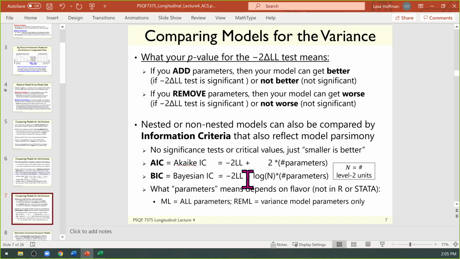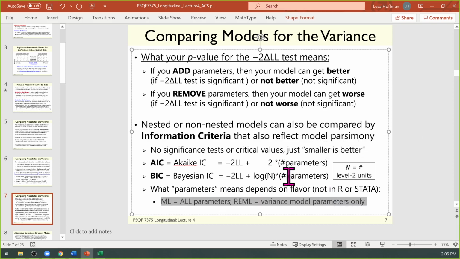I gave you sample size, -2 log likelihood, and a set number of occasions that would then determine the number of parameters in each model. And this part down here distinguishes how you would compute AIC and BIC under each estimator. Under ML, all the parameters count, and under REML, it's only the column for the model for the variance, which is why I suggested 2 columns.